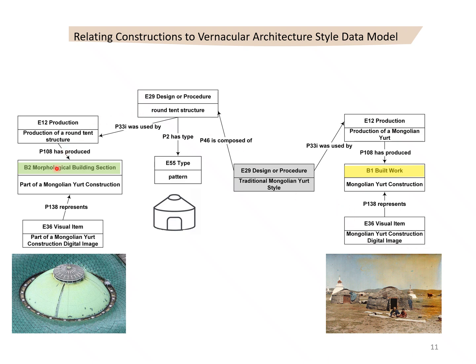Additionally, a B2 Morphological Building Section is included to represent a construction component such as the circular tent structure, whose production reflects the morphological and structural principles inherent to the Mongolian yurt tradition. A contemporary architectural example influenced by this tradition is the Great Court Roof of the British Museum.